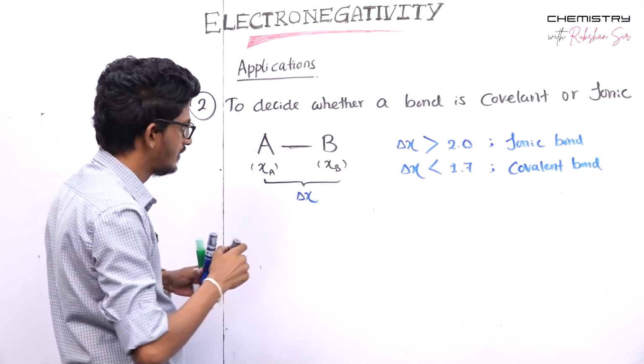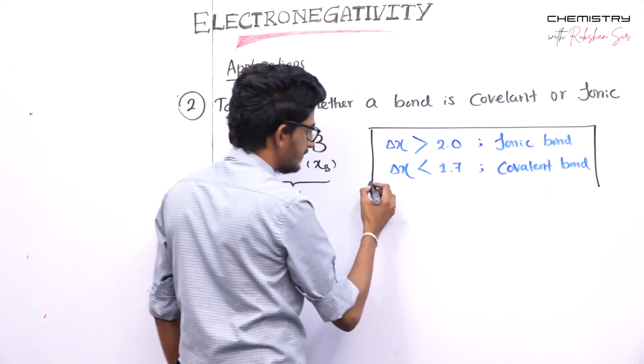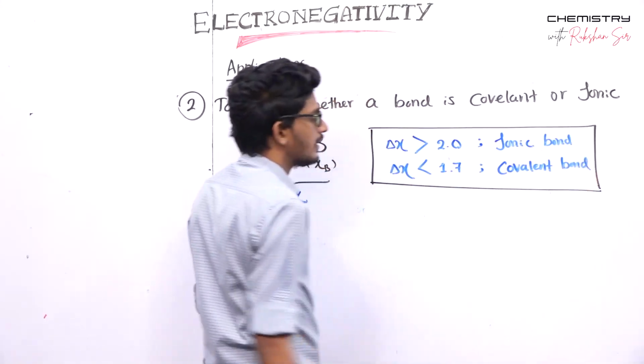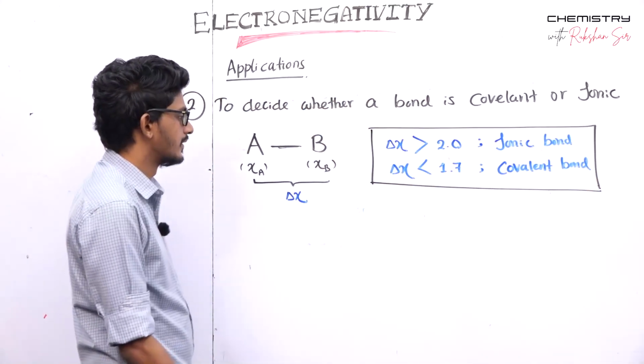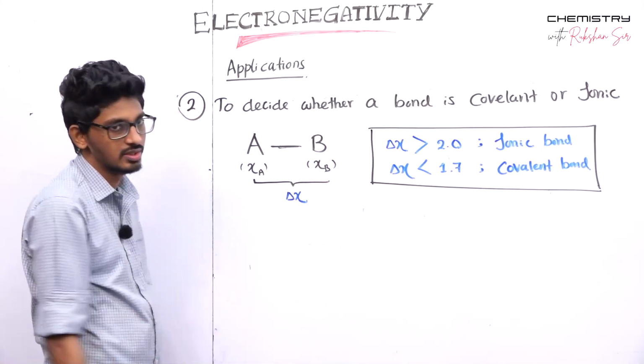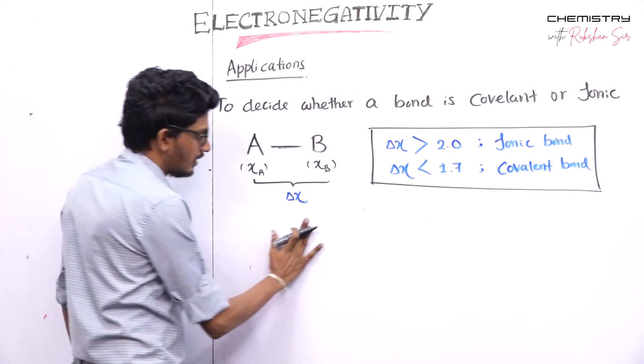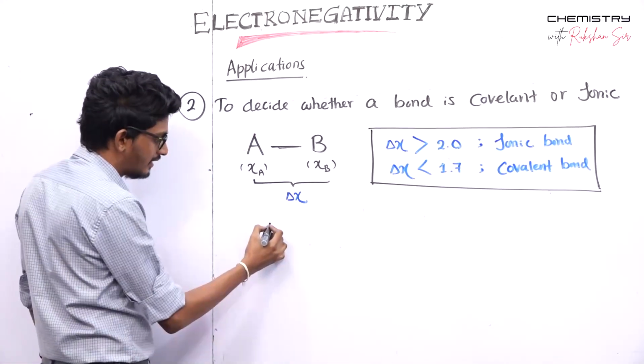With the use of this theory, we can determine whether the bond is covalent or ionic. Let's apply this to a few molecules, then you will see. Let's come up with some molecules. NaCl.